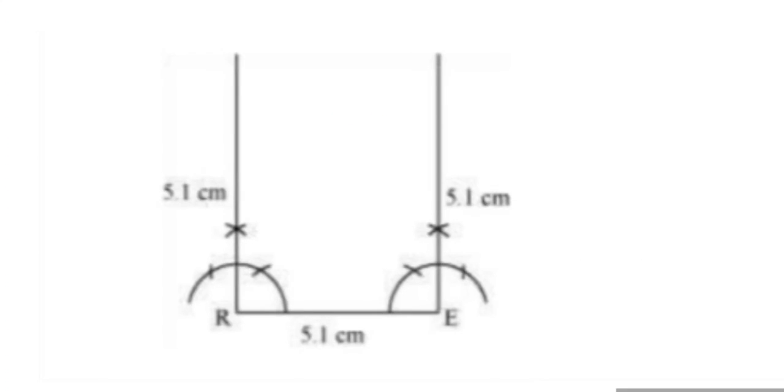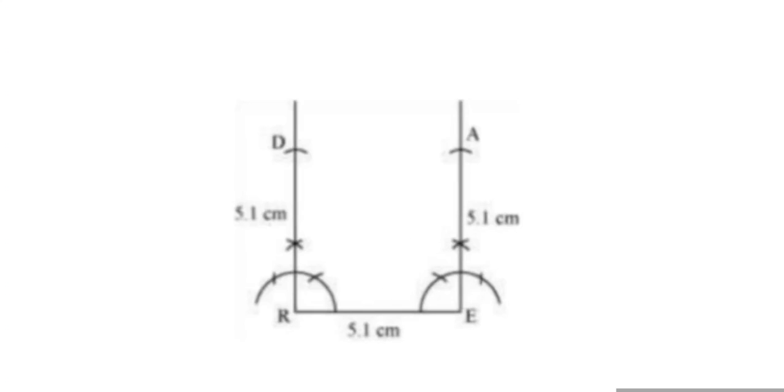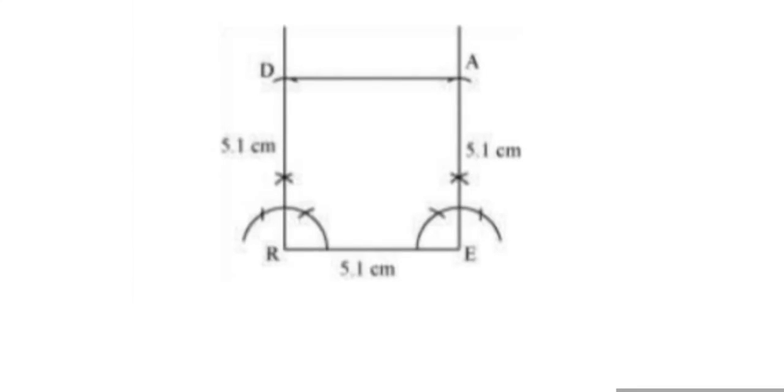So first draw a line segment RE of 5.1 centimeter and draw an angle of 90 degree at points R and E. As vertex A and D are 5.1 centimeter away from vertex E and R, cut line segments EA and RD, each of 5.1 centimeter, from these rays. Now join D to A. So READ is the required square.